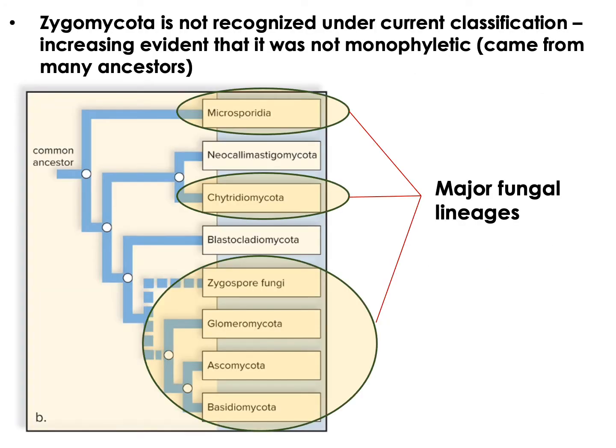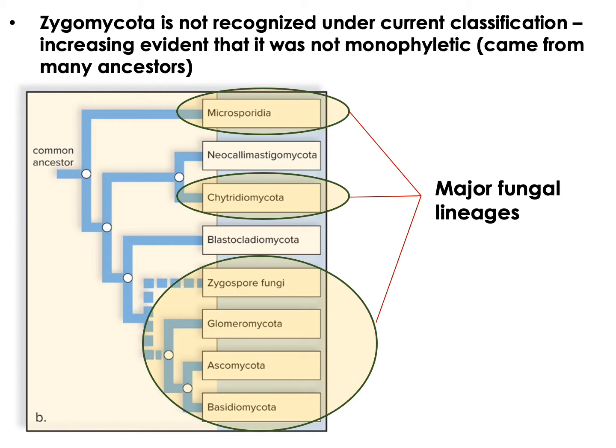As we've discussed earlier, Zygomycota is still not recognized under the current classification, because there is increased evidence that it was not monophyletic, which means it did not come from the same ancestor. It came from many ancestors.